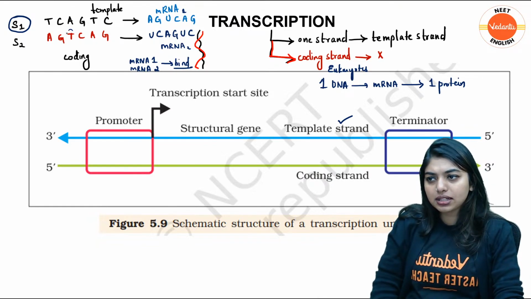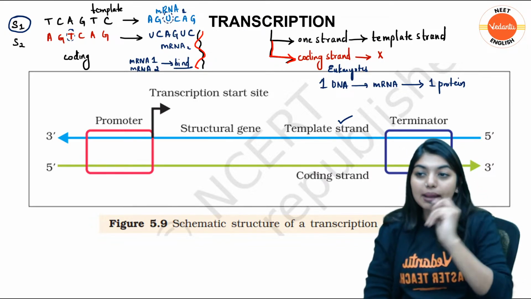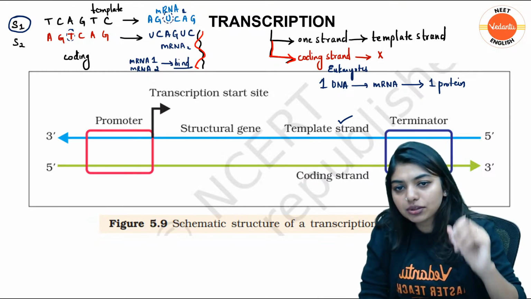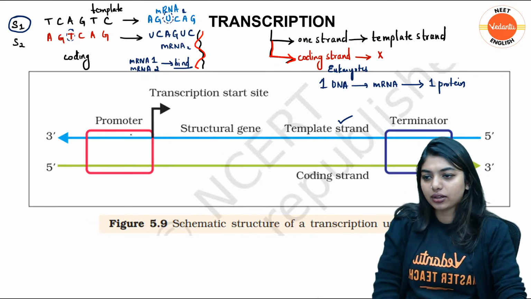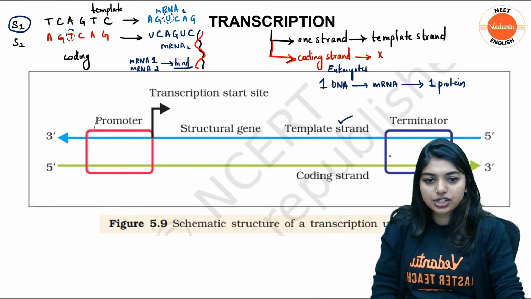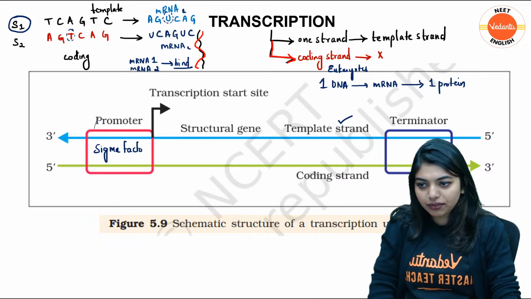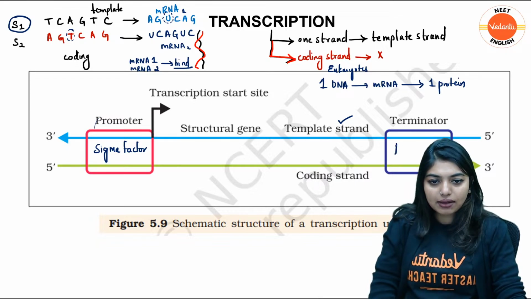Only thymine is replaced by uracil. So the coding strand and the mRNA formed will have the same nucleotides, except that thymine will be replaced by uracil. That's the only thing. Okay. Now look here, you have a promoter region, you have a terminator region. In the promoter region, you will have a sigma factor, which will favor the process, and here you will have the rho factor.